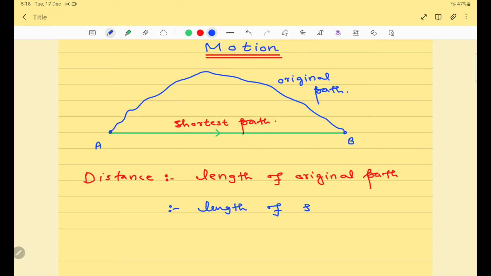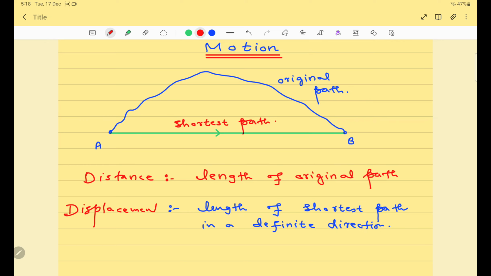In a definite direction, or in one direction, this physical quantity is known as displacement. Okay, so these are two terms which students usually mix.